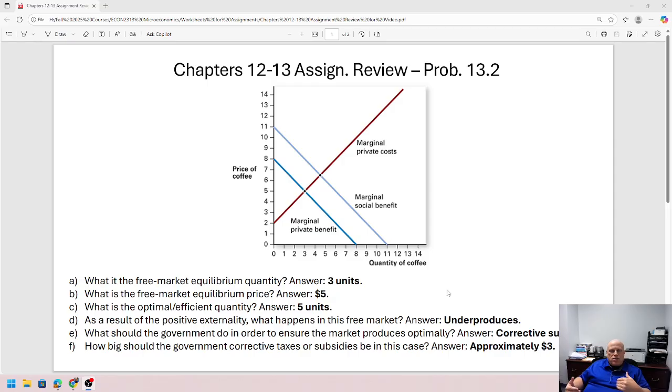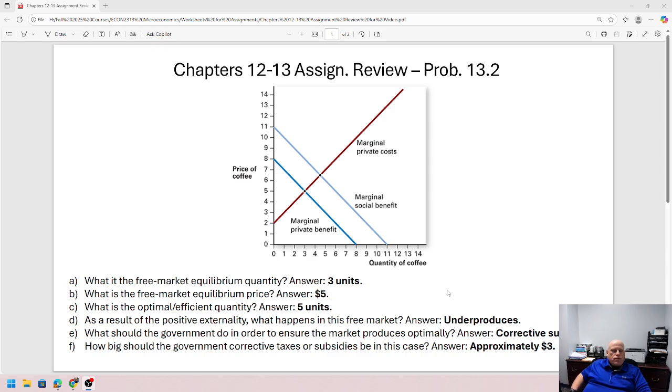The only way to get those firms to produce at a socially optimal level is to provide subsidies, incentives for those firms to produce more than what would maximize their profit in that type of market. So the government would have to step in and provide a subsidy in order to make the market produce at that socially optimal level. So for part E, the answer is corrective subsidies.